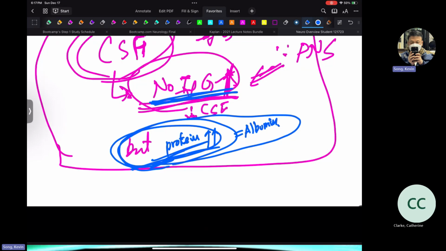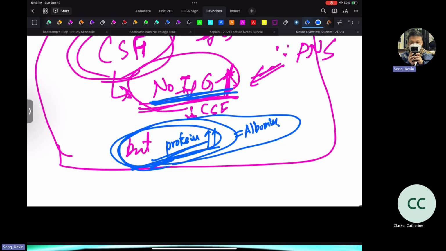So the body makes immune cells, and those are all proteins. Cells are basically made of proteins, right? So the body tries to make a lot of proteins, so you will see some other proteins in the CSF.